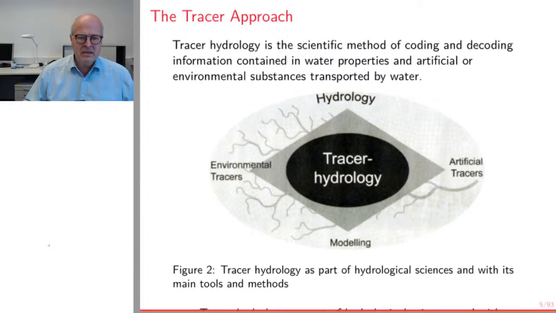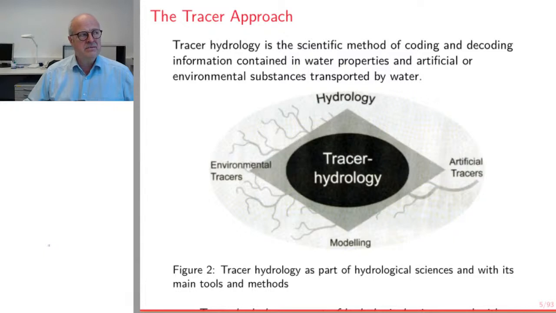And there are several possibilities for doing that. You can use environmental tracers or artificial tracers. Environmental tracers are everything that the environment provides as an input function, as a tracer. You have already heard a lecture about this topic. This can be O18, deuterium, carbon-14, nitrogen-15, carbon-13, noble gases, pollutants.